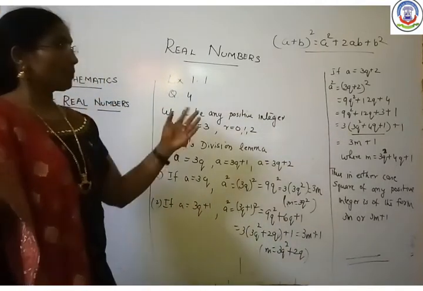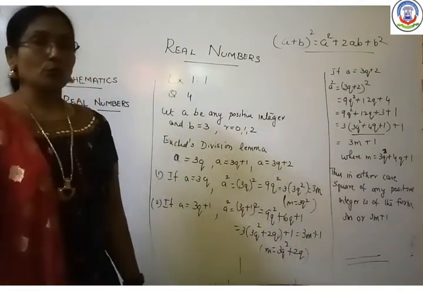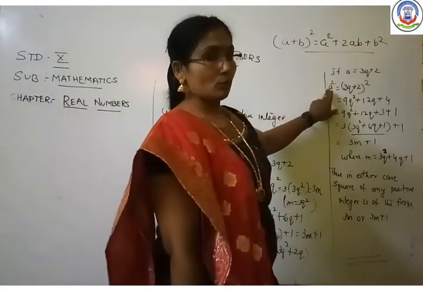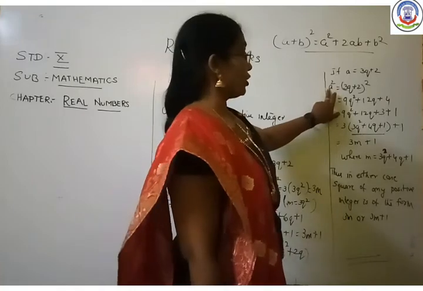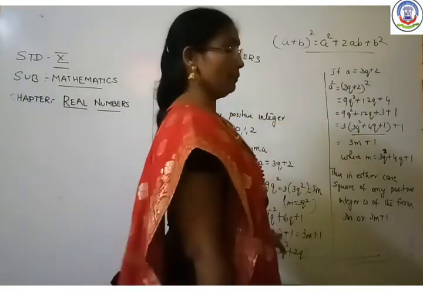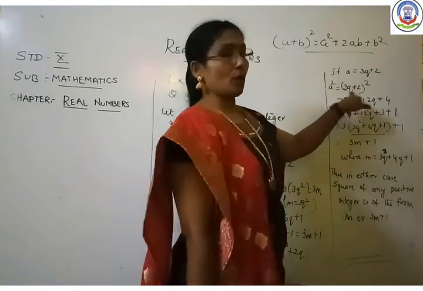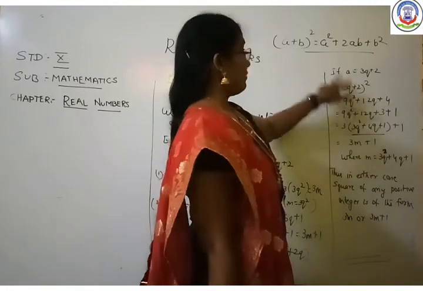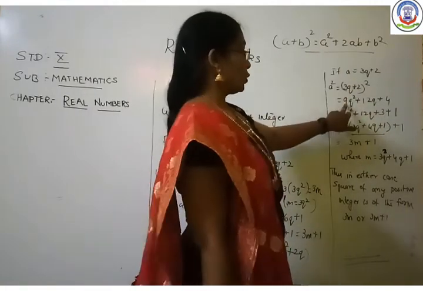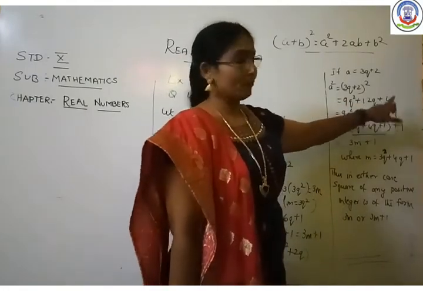Clear this much? Now one more case is remaining. What was that case? a is equal to 3q plus 2. Again you have to find out the square. The question is that the square of any positive integer will be 3m or 3m plus 1. Now last case, a square is equal to 3q plus 2 the whole square. Again we apply this formula here, a square plus 2ab plus b square. You got 9q square plus 12q plus 4. Clear for you, children?